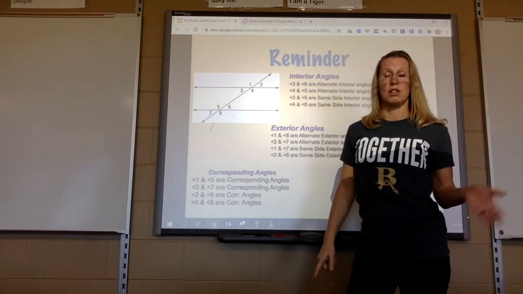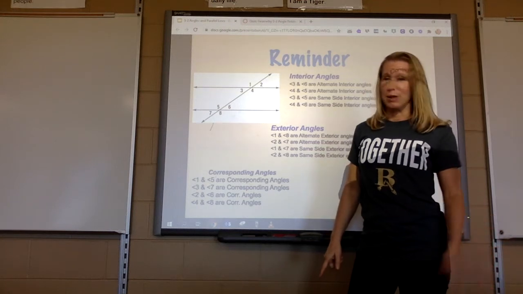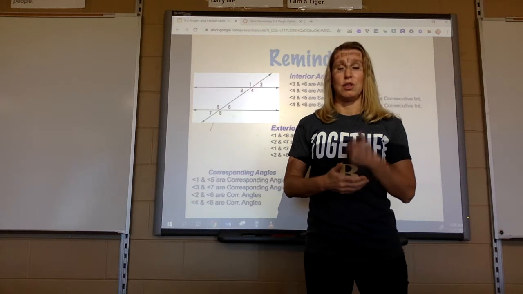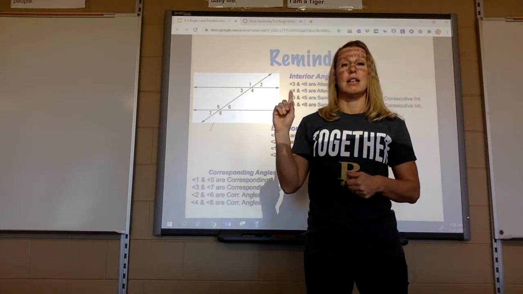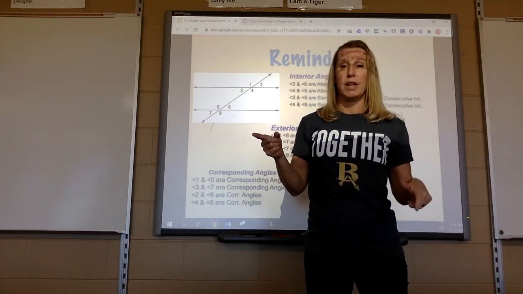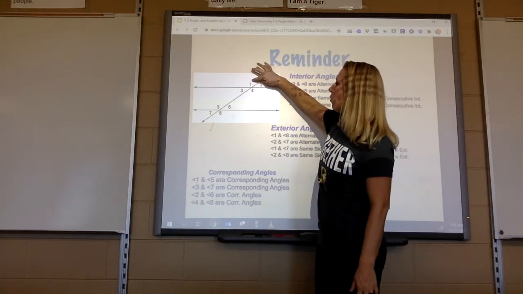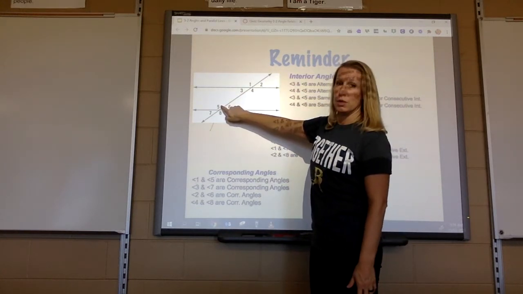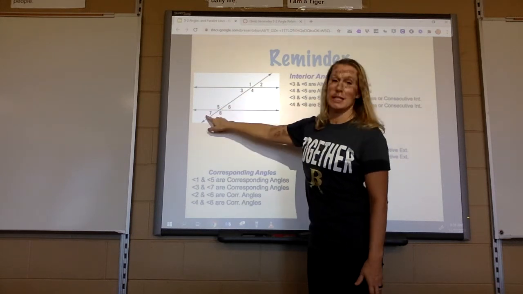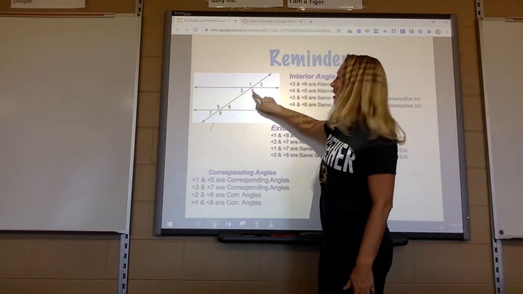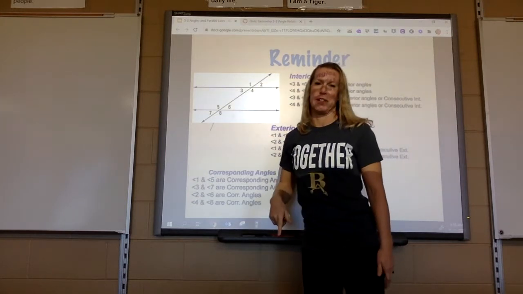Remember, they're also called consecutive exterior. We also learned about corresponding angles. So corresponding angles has one exterior, one interior, and they jump over an angle. So look at 1 and 5 corresponding, 3 and 7 corresponding, 2 and 6 corresponding, 4 and 8 corresponding.